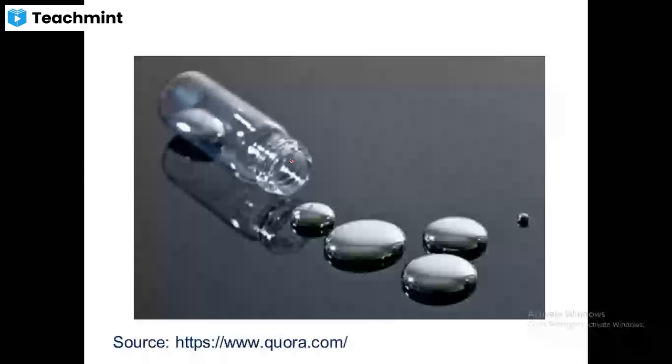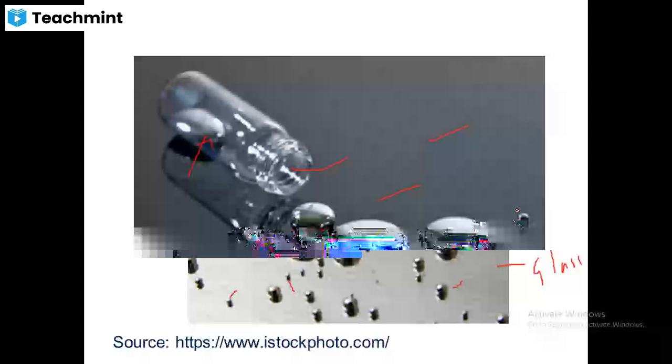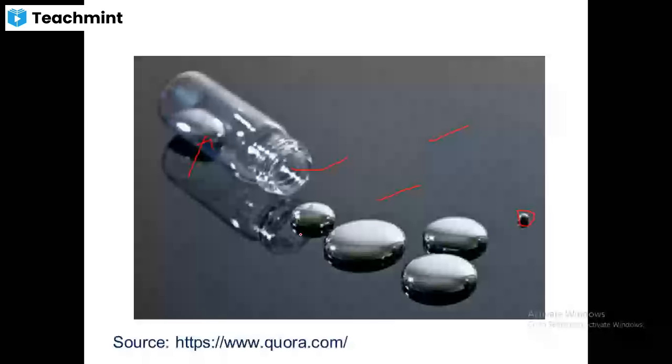What we are doing here: this is a bottle, and inside it is filled with mercury. You just open that bottle, and this is a perfect glass surface. You pour that mercury onto the glass. You find that if the mercury is a very, very small mass, it takes the shape of a perfect sphere.